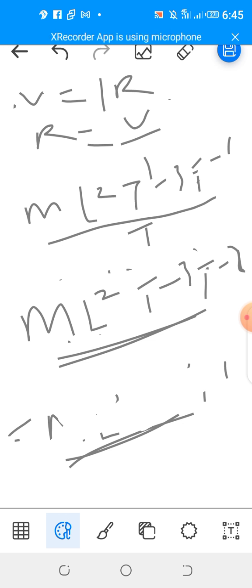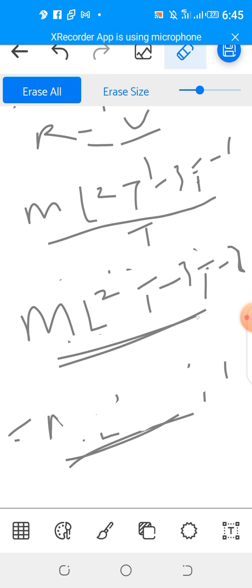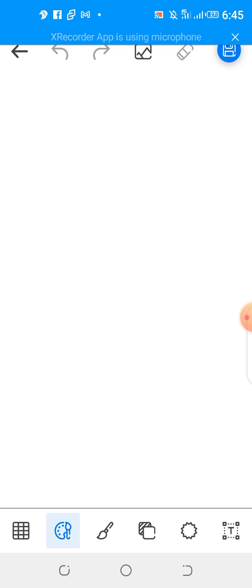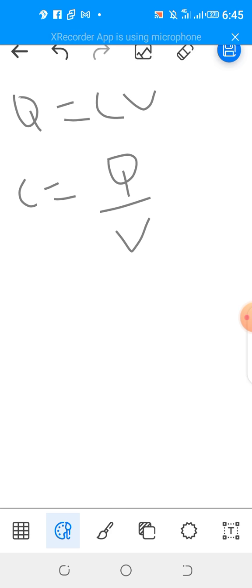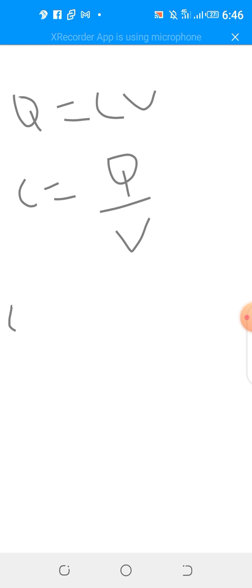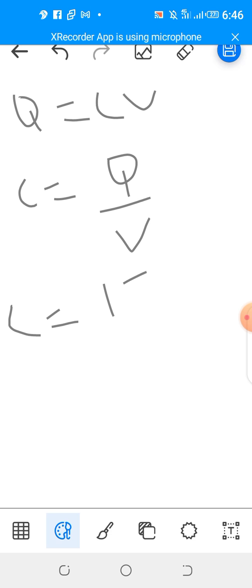So now we go to capacitance. Capacitance, you know that Q equals to what? CV. Okay. C equals to Q over V. So if C equals to Q over V, that is C equals to what? IT over, I can't remember what voltage is. I think I should not have erased it.